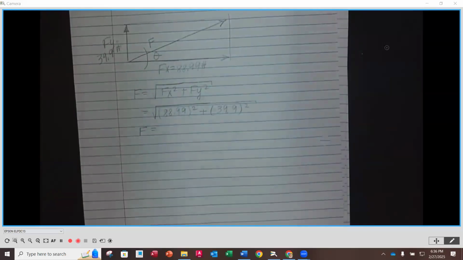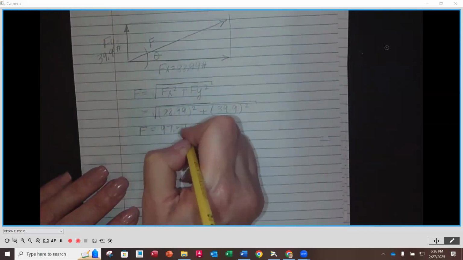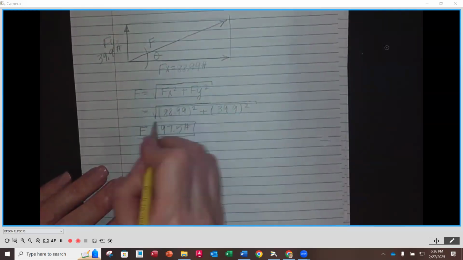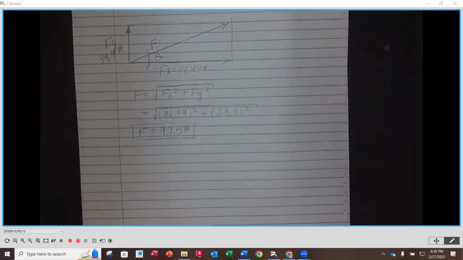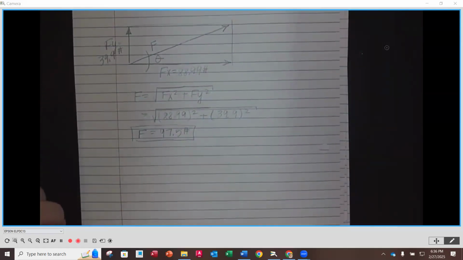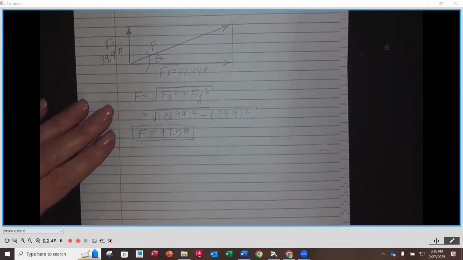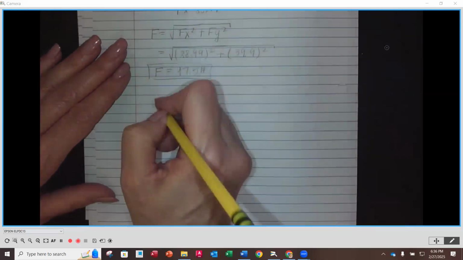So your average force should come out to be 97.5 pounds. And then once you have that resultant force, or the average force, that is our final answer. We just need the angle that it's at as well. So we're going to calculate for theta.